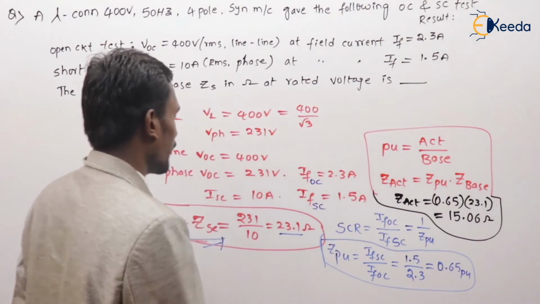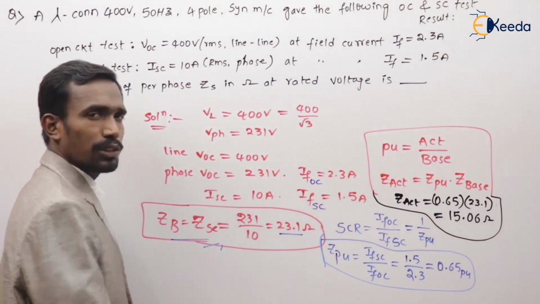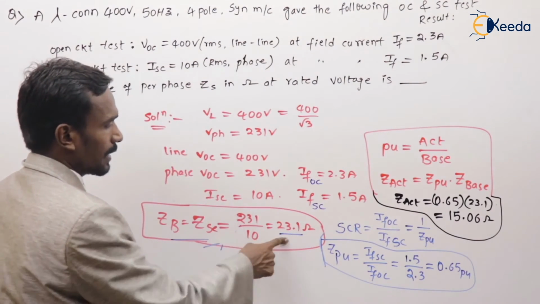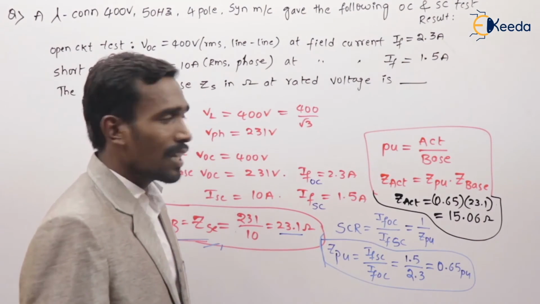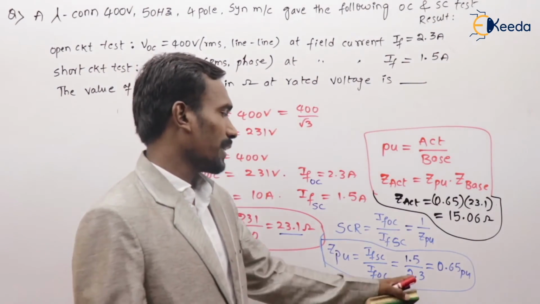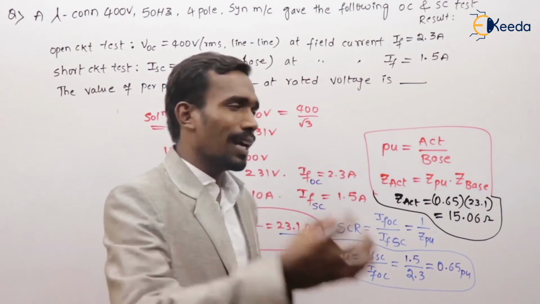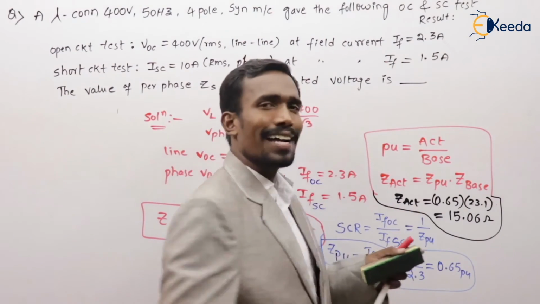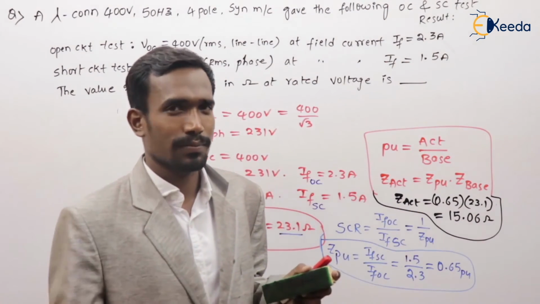So how can we find out the base impedance? With the given rated values, EOC by ISC gives us the base impedance. Then per unit impedance is equal to 1 by SCR, so we can get the per unit impedance. If we multiply both, we get the actual impedance, which is our answer.